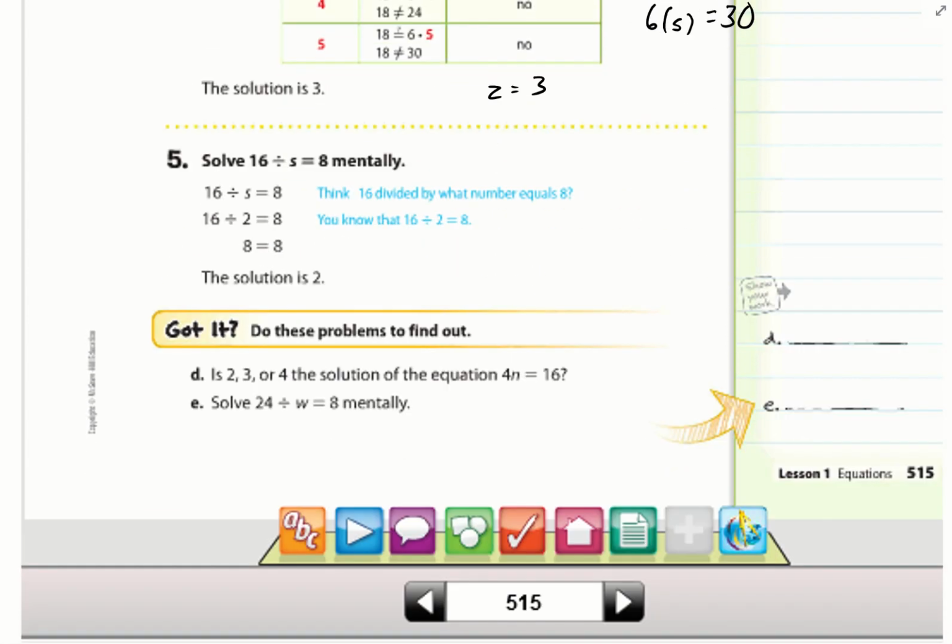For number 5, to solve 16 divided by s equals 8. So 16 divided by s, if I divide 16 by 2, that's going to give me 8. So doing this mentally, this is just our basic facts. So that one should be doable. So go ahead and try D and E. So to get 4n equals 16, we're going to need to multiply 4 times 4, so n equals 4. 24 divided by w equals 8, w is going to equal 3, because 24 divided by 3 equals 8.